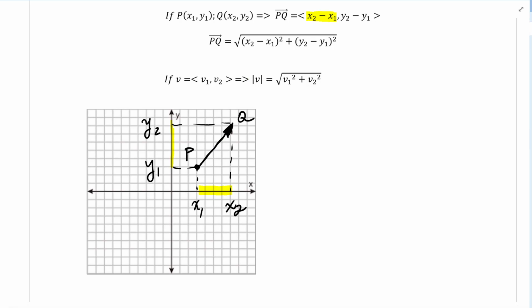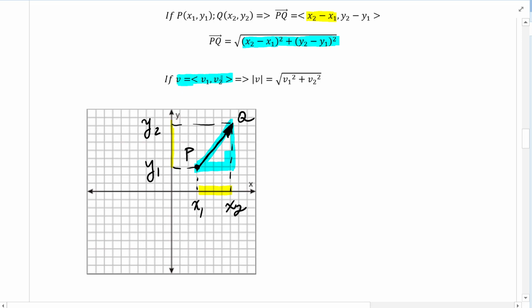So the magnitude of PQ, we are using a right triangle. Using the Pythagorean theorem, we have x sub 2 minus x sub 1 squared plus y sub 2 minus y1 squared.